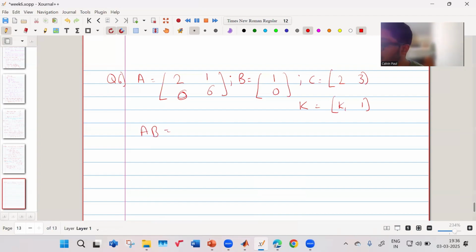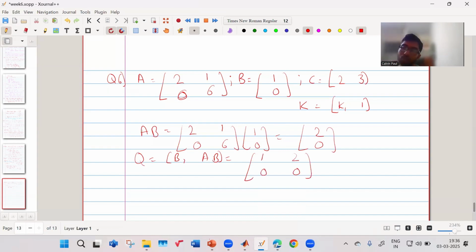AB, if we do, AB is what? 2106 into 10. So that will be 2, and then 0 into 6, so it is 0. Right? 2 into 1 is 2, 0 into 1. So Q, this B comma AB is equal to 1020.